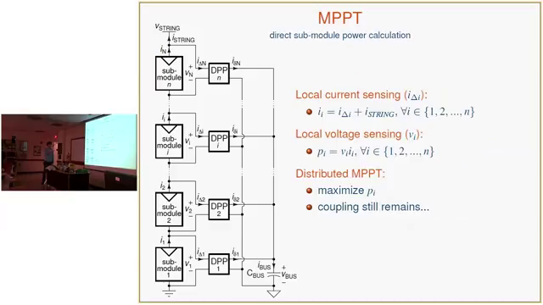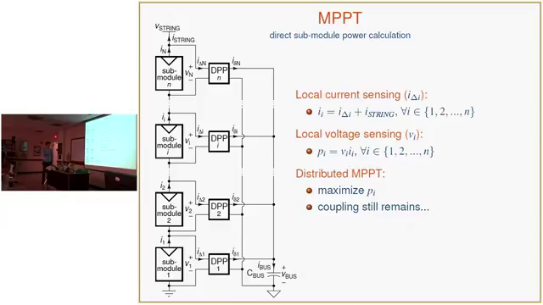A way you can have access to the string current is through the bus. The bus can be at any potential that you want it to be. So if you have the bus at the same potential as the central inverter, then they can communicate with each other without any sort of extra hardware. But you still need some lines of communication.